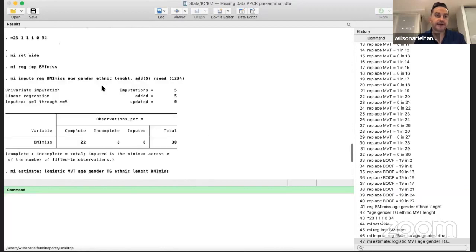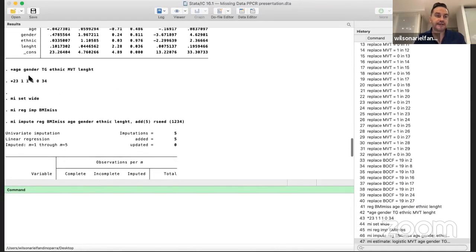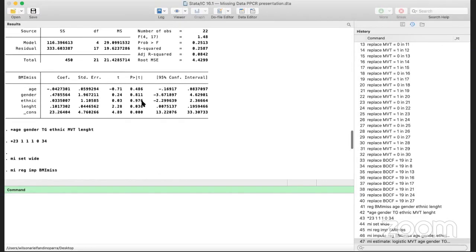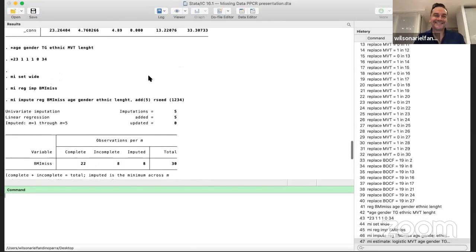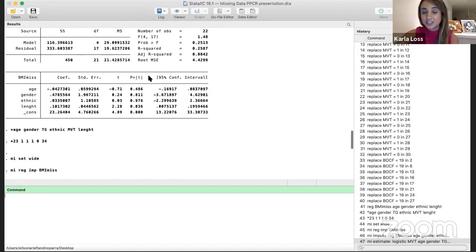Sorry, I didn't really have the command to do the regression imputation with this data. Actually, when I was a student, I had to do this by hand. Yes, I had the same issue when I was a student, but Alma just shared the command in the chat, so it's much easier for students now.